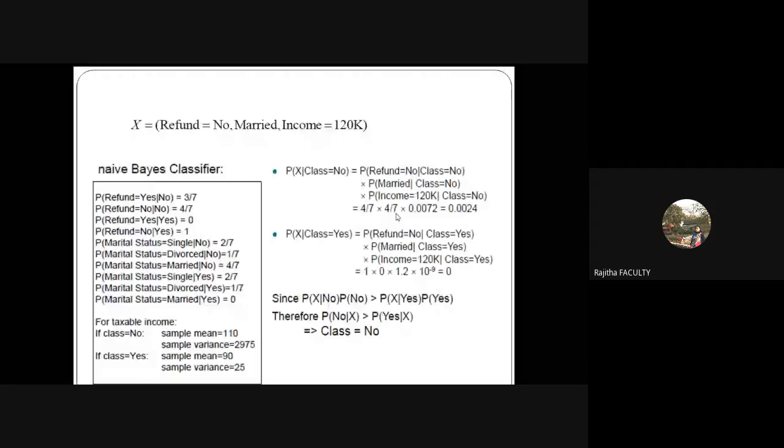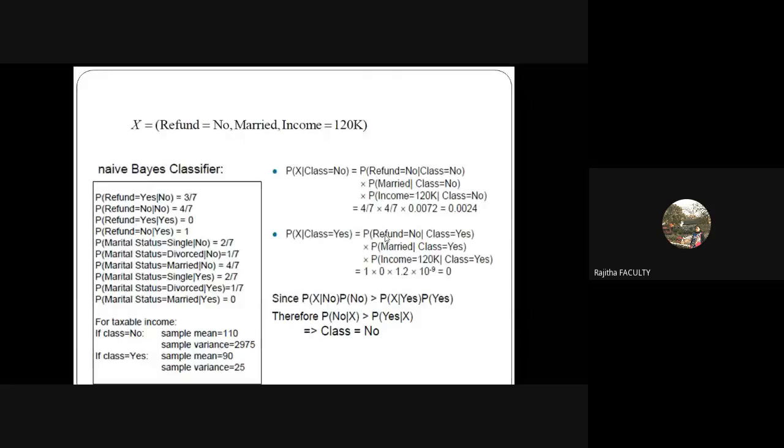Now similarly, I need to find the probability of this query sample belonging to the class yes. You can see here refund is given as no. For the refund with no and yes combination, the probability is 1, right?